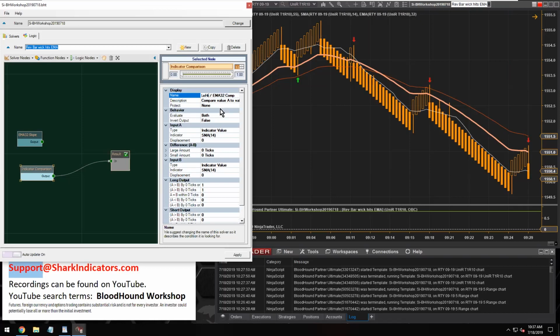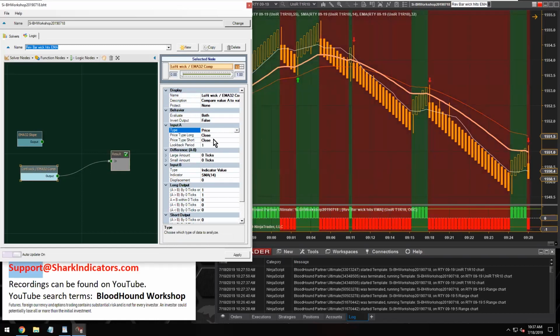This is going to be looking at the low or the high of the wick, and then comparing it to the EMA. Input A, we're going to set this to price.